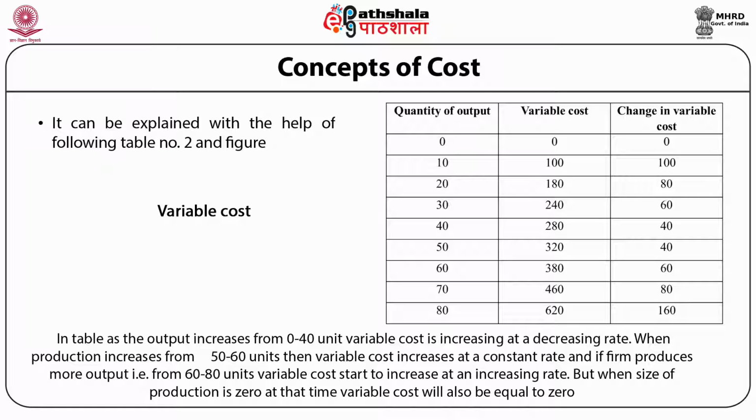So, it is clear from the table that if firm goes on increasing production, first variable cost increases at a decreasing rate, then it becomes constant, and then it increases at an increasing rate.